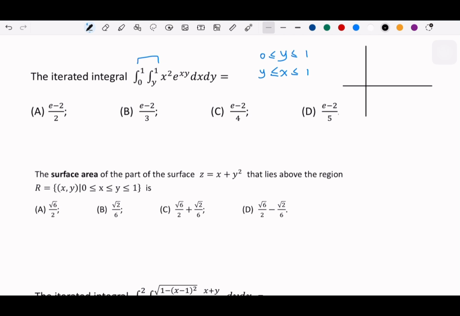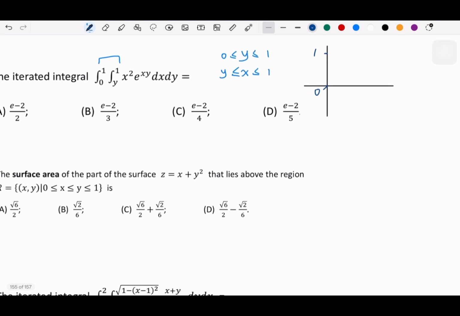So maybe this will be y equals 0, and 0 is here, right? And then we have y equals x, and x is from y to 1, so maybe it's here, right? So this is the region that we want to take the double integral over.